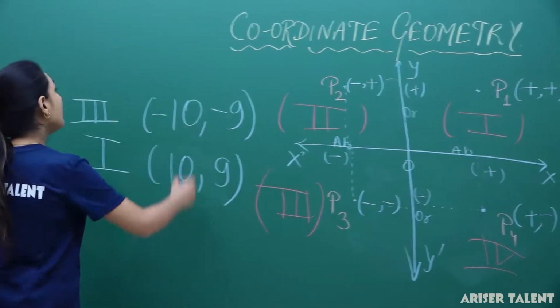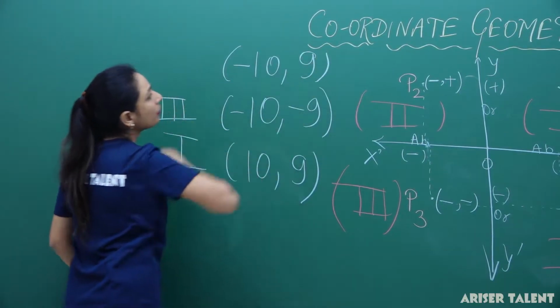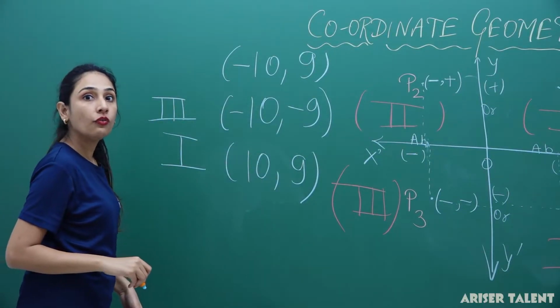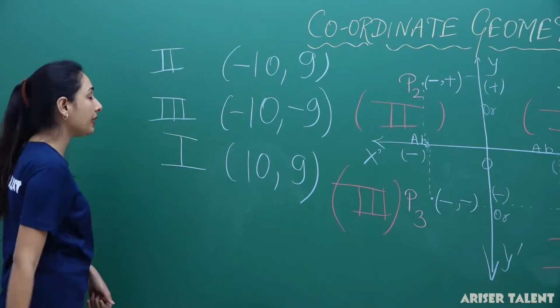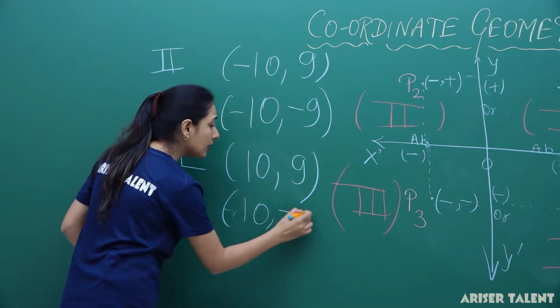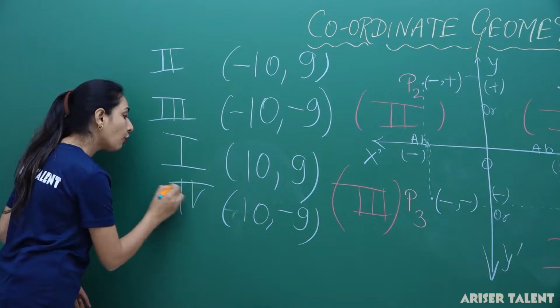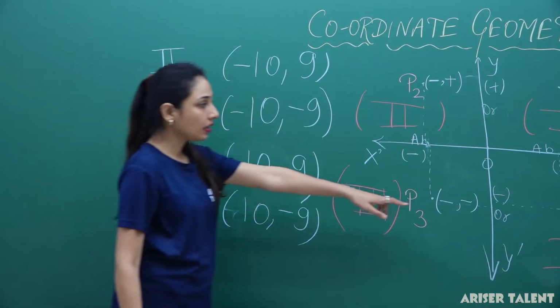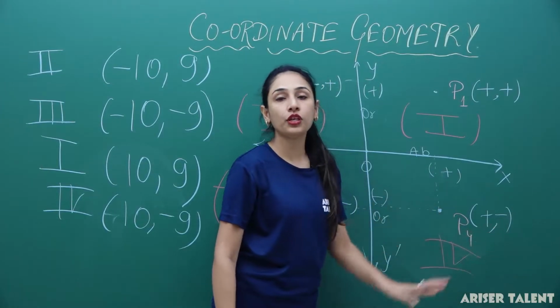Okay. Now, if I tell you that it is minus 10 and positive 9, which compartment? Simply without a blink, that will be the second compartment. Now, positive 10, but minus 9. And that will be your fourth compartment. Look here, positive abscissa, negative ordinate, fourth compartment.